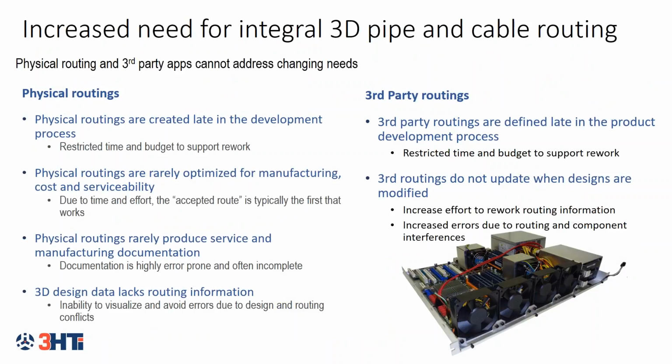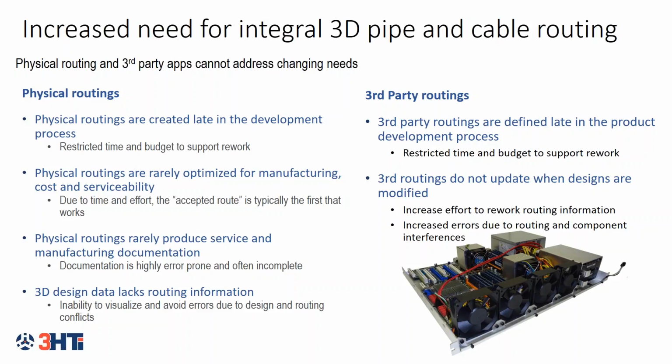Now, without the piping and cabling design extension, designers and engineers are relying on physical routings or third-party solutions. Physical routings must be created late in the product development process after physical prototypes are created. Routings are defined too late to accommodate rework and design, and as a result, companies that create physical routings are rarely able to optimize manufacturing, cost, and serviceability.